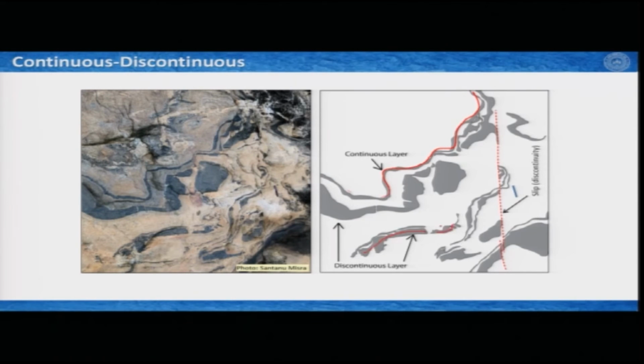And also in the entire outcrop, we can see a little discontinuous line here that is separating by a slip. So there are many ways you can produce discontinuity, and it is also important to understand what is the reason for the discontinuity in the structure you are looking at.